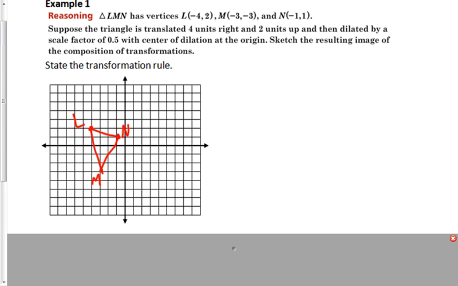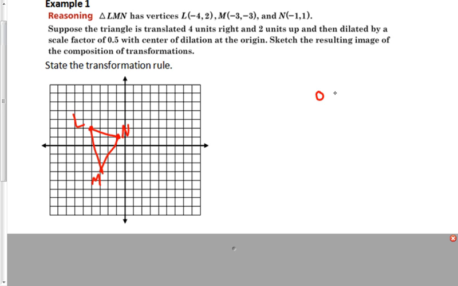So first of all, we're gonna state what this transformation rule is. Remember, when we state the notation of composition of isometries, we use that little O in the middle for saying we're doing something of something else. So what we're first doing is actually what comes second.